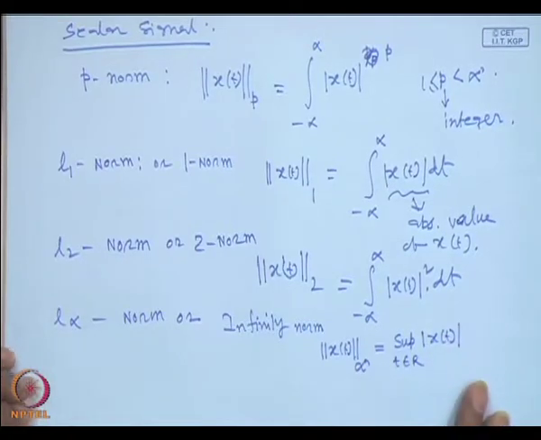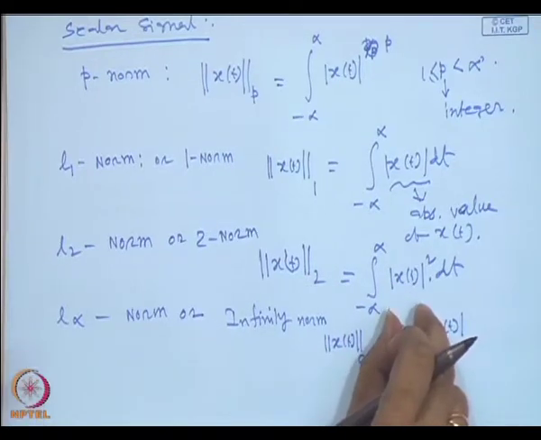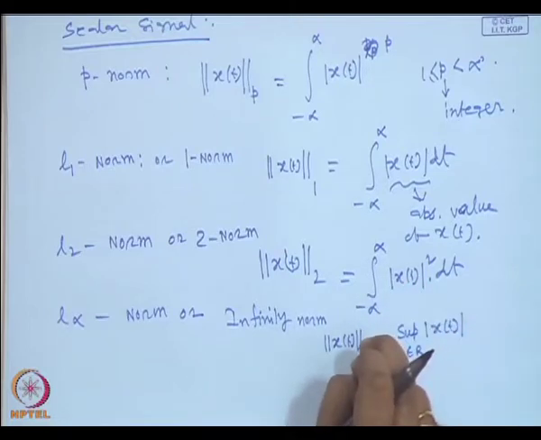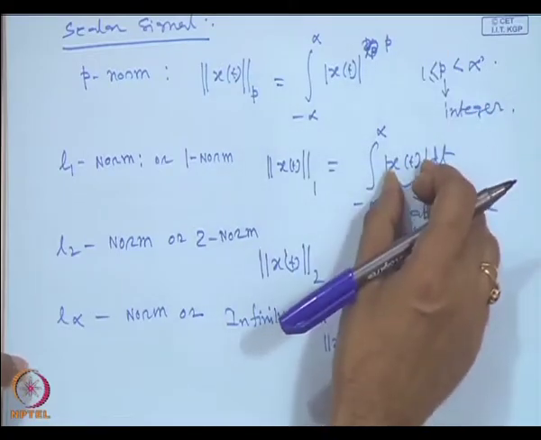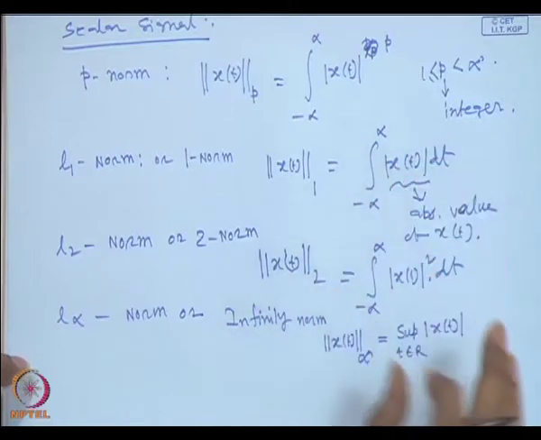What does the infinity norm of a signal mean? This absolute value is needed whether the signal is real or complex, because a signal may be positive or negative.